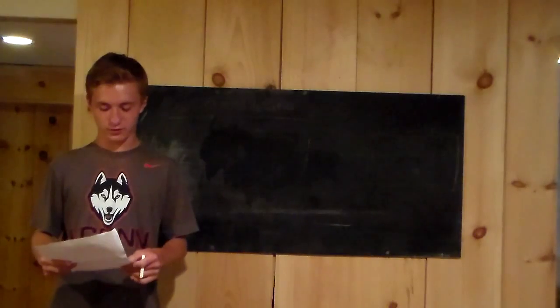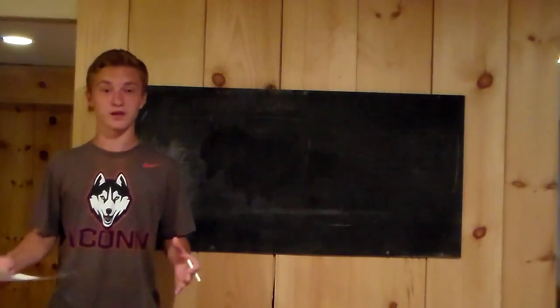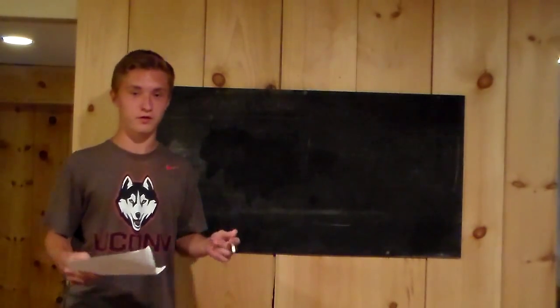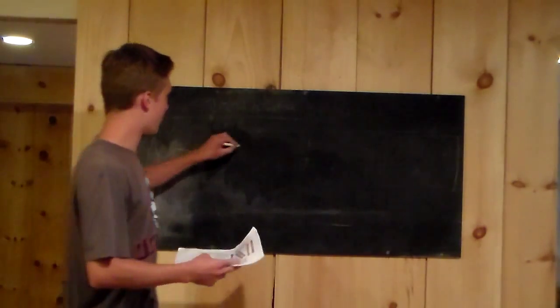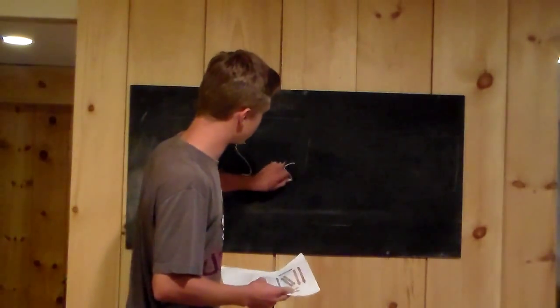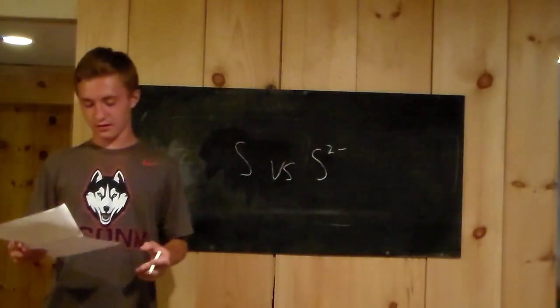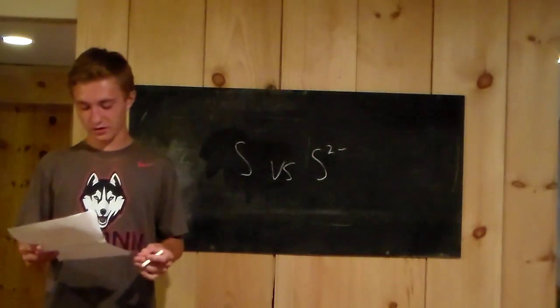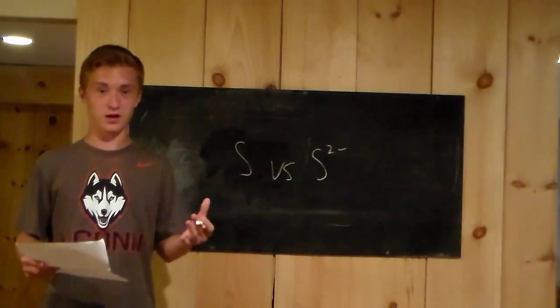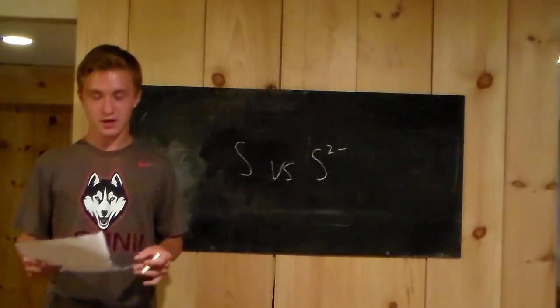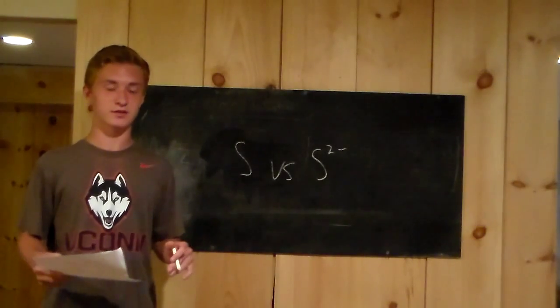Alright, one last thing with the periodic trends that is commonly missed is when you're dealing with the parent atom and its ion. Particularly, we'll be doing sulfur versus the sulfur ion. The sulfur ion has a greater atomic radius, or ionic radius, because there are more electrons, obviously.